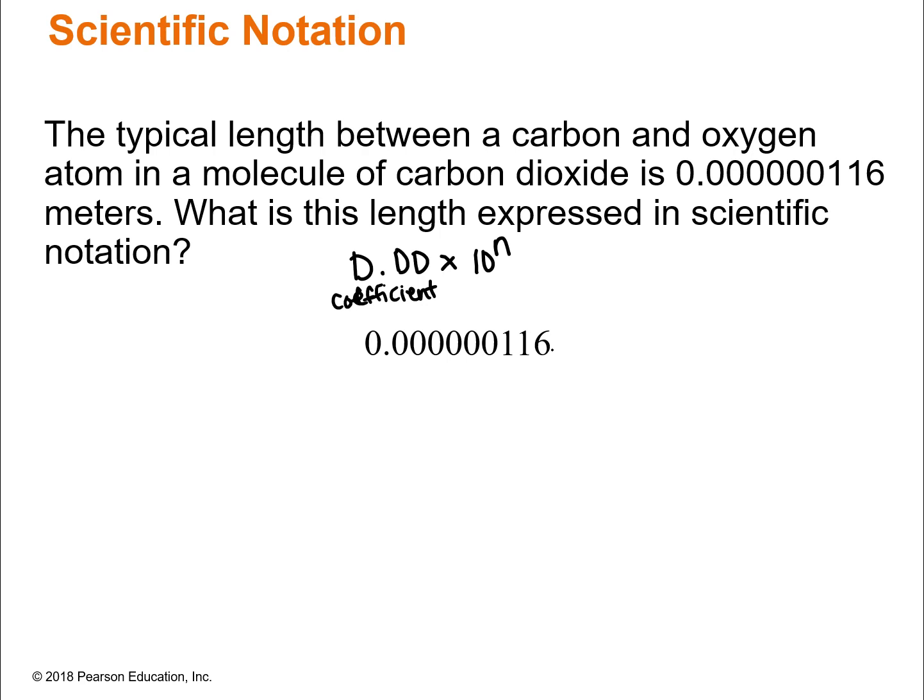The significant figures here, we've got 3 sig figs, and they're all at the end here, okay? I'm going to take that decimal point and move it here. That way, I have a coefficient that's at least 1.